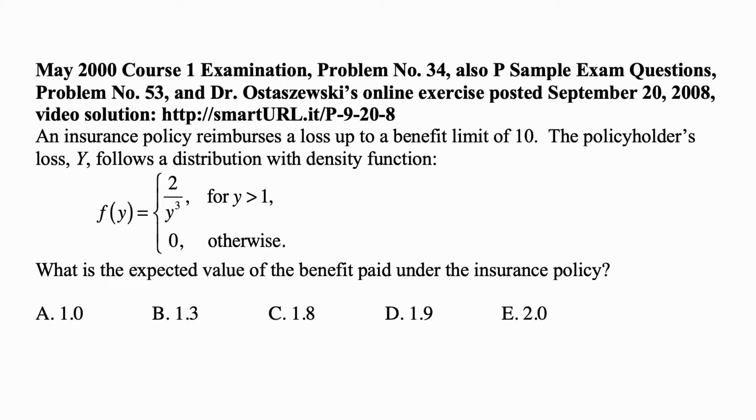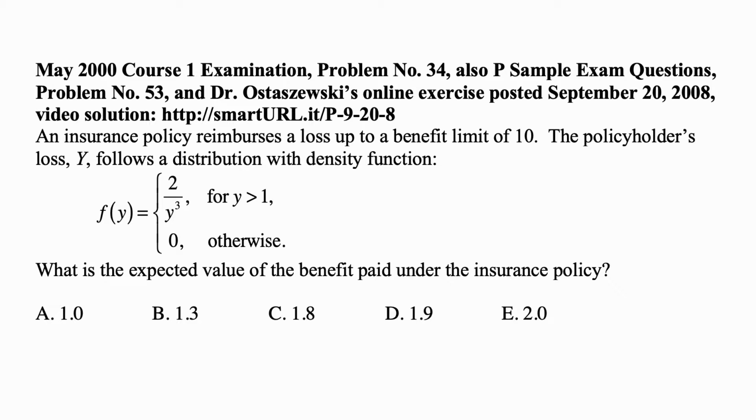So let us note two things here. That this is a benefit limit, not policy limit, but it doesn't make any difference because there's no deductible. And secondly, this random variable is non-negative with probability 1, non-negative almost surely, so you can use the Darth Vader rule to calculate expected values.